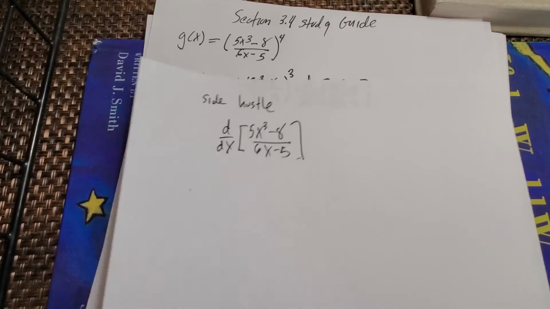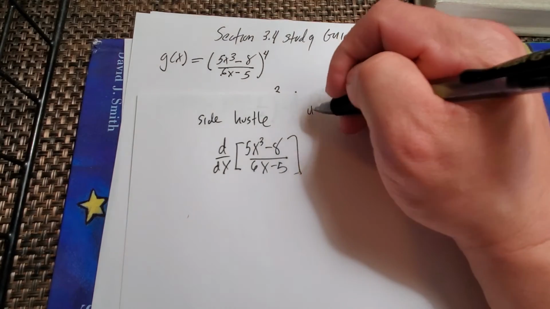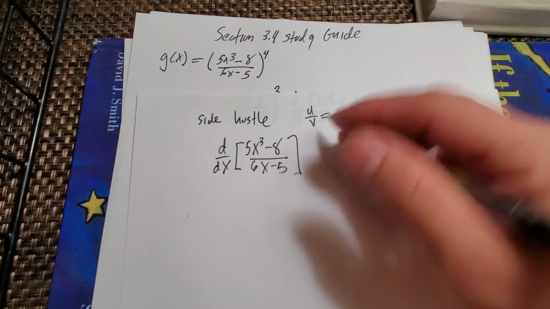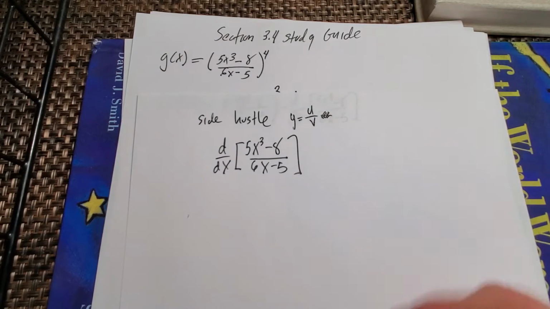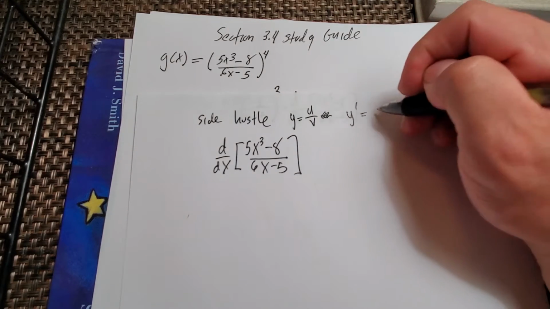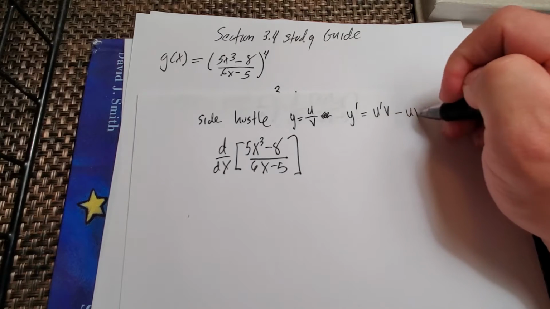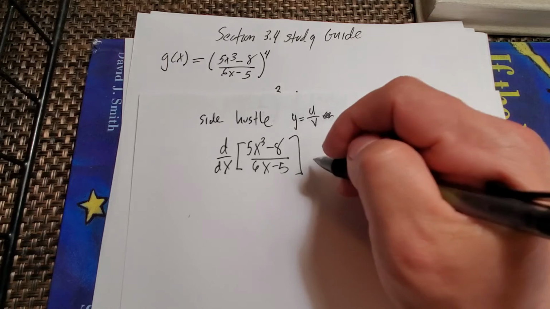So we see that we have to use the quotient rule here. And remember the quotient rule, when you have a function u over v, the derivative of that function is u prime v minus uv prime over v squared. So let's do that.